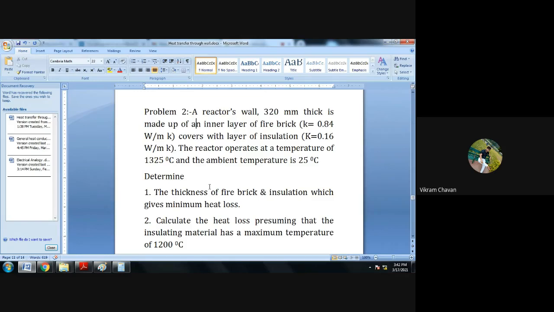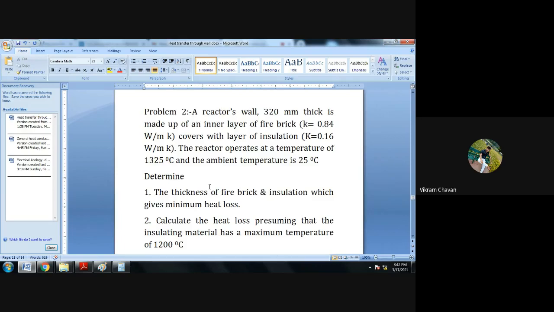Consider the nuclear reactor, in which some reactions are happening, and due to that the temperature released is 1325 degrees Celsius. Outside the reactor, after the fire brick there is insulation, and outside is the atmosphere at a temperature of 25 degrees Celsius. The ambient temperature is 25 degrees Celsius.